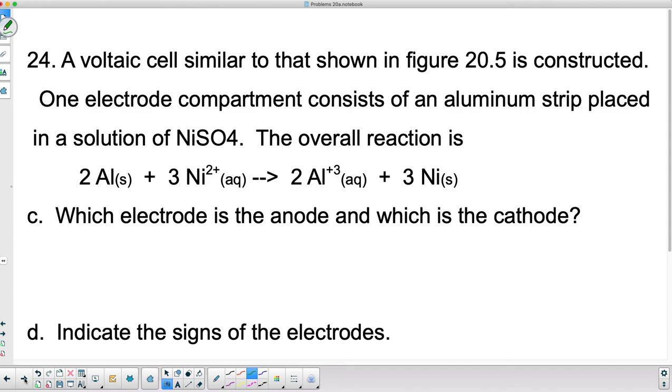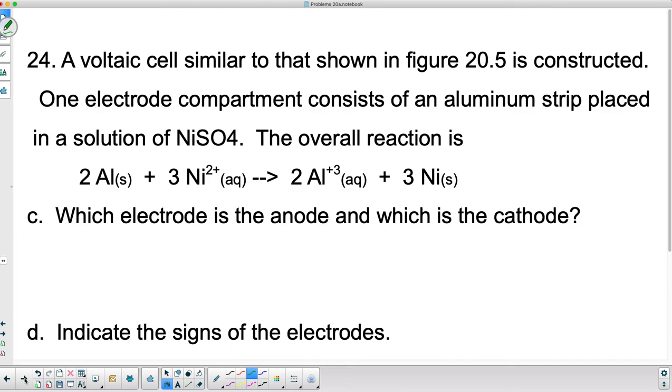So for voltaic cell, this is the same thing. The next question, letter C, asks which electrode is the anode and which is the cathode. Okay, maybe I'm missing something here. That doesn't seem to make a whole lot of sense to me.